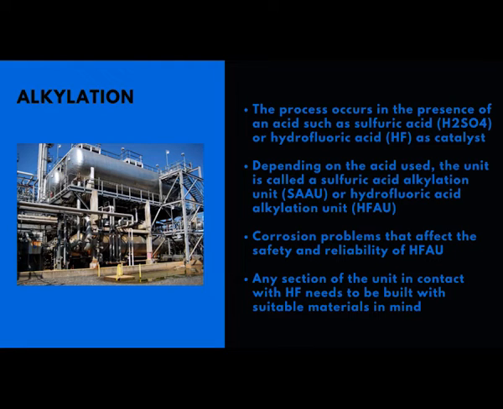Corrosion problems affect the safety and reliability of the unit, so all those things need to be taken care of. Any section of the unit in contact with hydrofluoric acid needs to be built with suitable material in mind. So, it is not like any other unit. The construction, design and operation will be slightly more complex than any other unit in a refinery.